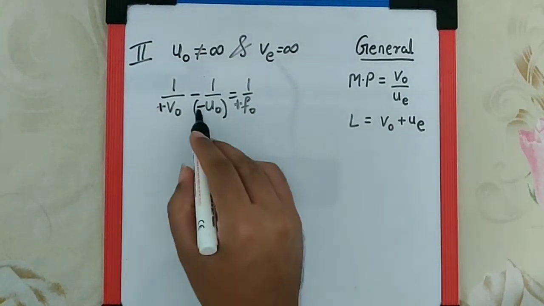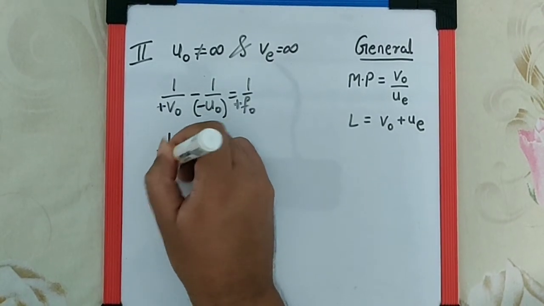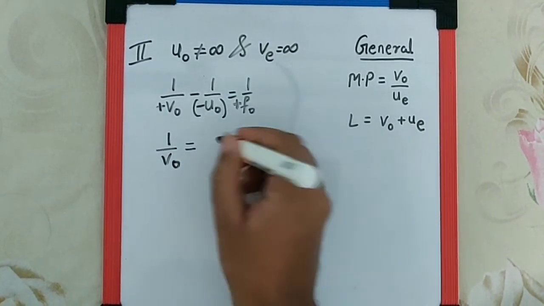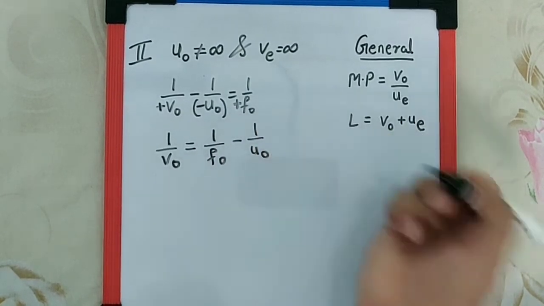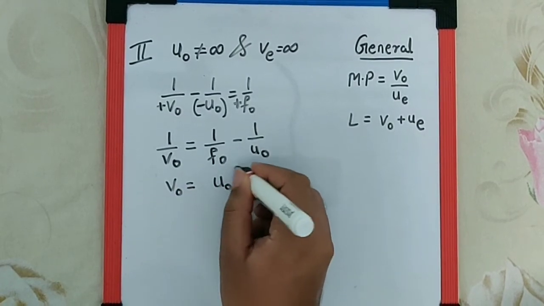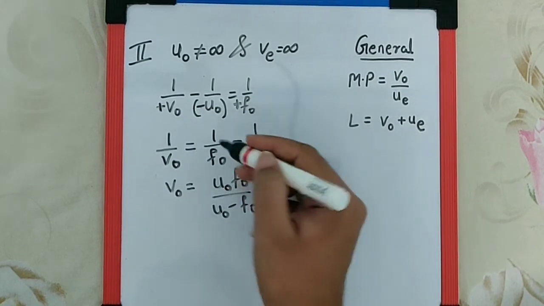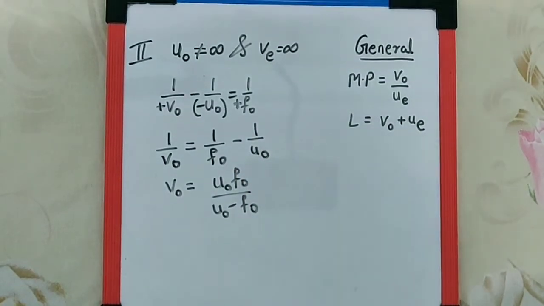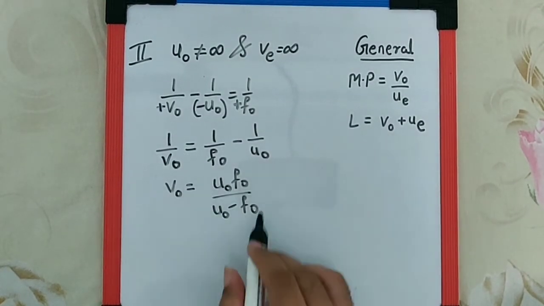Now this means this becomes plus, and so 1 by VO becomes equal to 1 by FO minus 1 by UO, which makes VO equal to UOFO upon UO minus FO. Again taking the LCM and the reciprocal of the equation. Now definitely we got the value of VO.